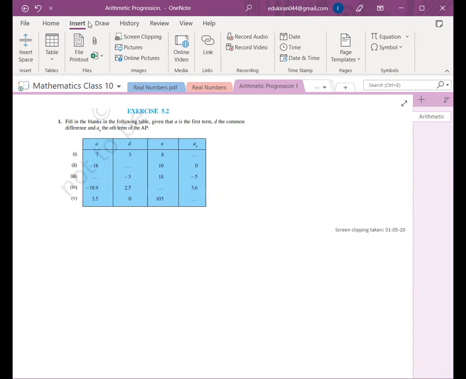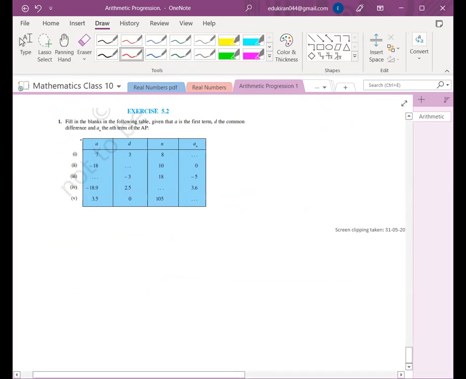Look, this is the question. Fill in the blanks in the following table, given that A is the first term, D the common difference, and AN the nth term. There are four things: A, D, N, and AN.